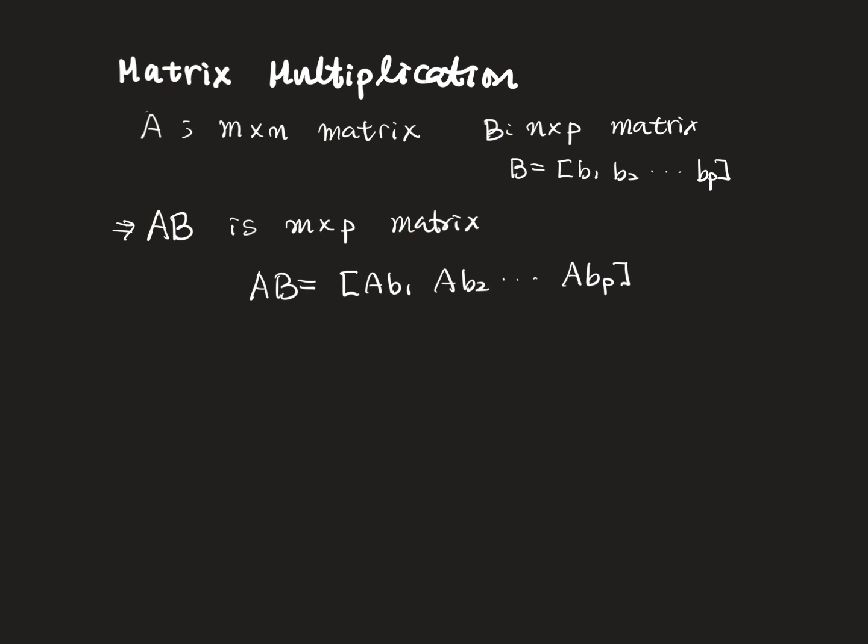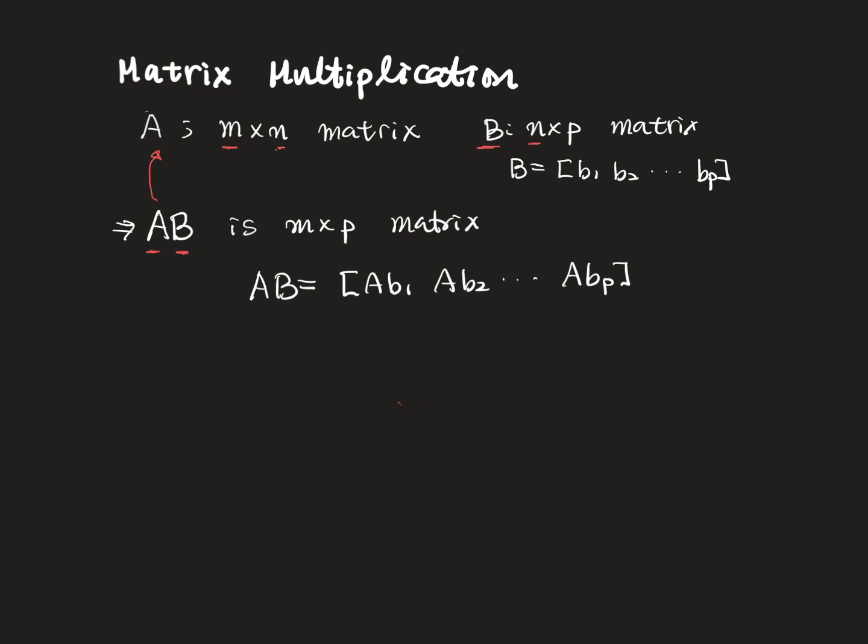First, you have to very carefully understand, guys, that when you do matrix multiplication, you have matrix A times matrix B. So go to the size of A. The size of A is M times N: M rows, N columns. The size of B is N times P. So we want to define A times B, matrix multiplication.